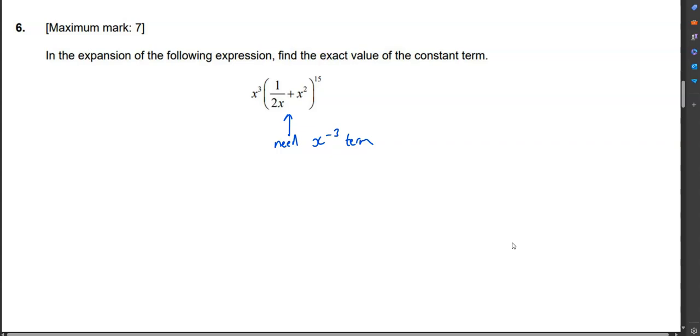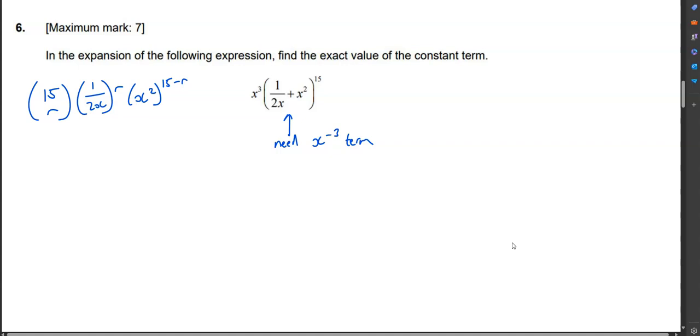So we're going to consider the general term for this thing on the right. So it's going to be 15 choose something, and we've got 1 over 2x to the power of something, and then x squared to the power of 15 minus something.